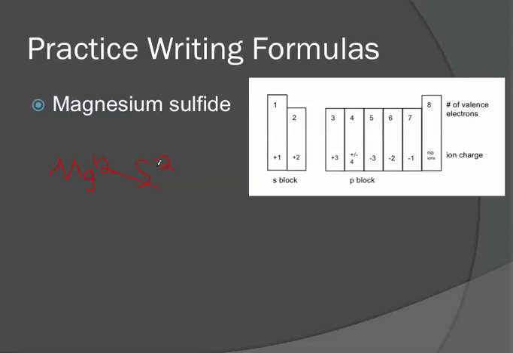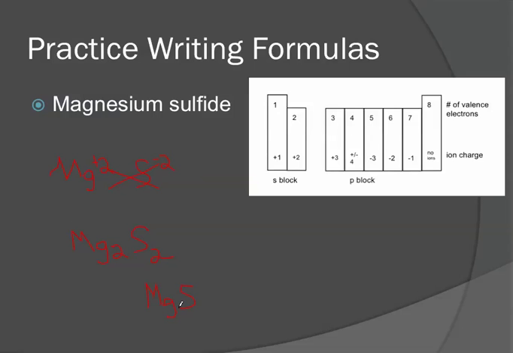And we get Mg2S2. But we're not done with this one. Remember that an ionic formula has to tell you the lowest whole number ratio. And we can reduce these two subscripts. We can divide both subscripts by 2. So if we have 2 Mg's and 2 S's, we know that that's a 1-to-1 ratio. That means MgS. For every magnesium ion, there's a sulfur ion.